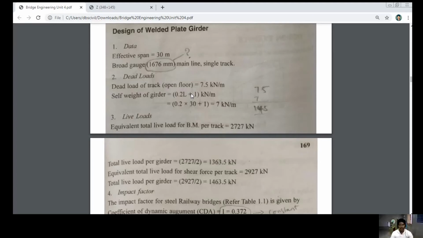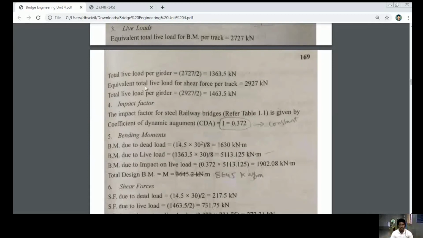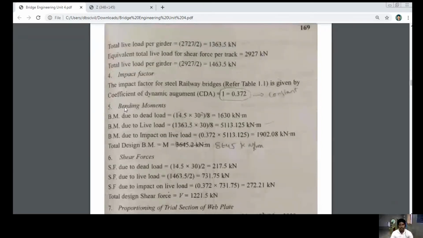Then coming to live load. Live load with respect to bending moment, we have one data for both tracks. If you want the data per track, we have to divide by 2. So live load per girder for bending moment is 1360.5 kilonewton. Similarly for shear force, the live load per track is this per girder. Before going to bending moments and shear forces, we have to calculate the impact factor.